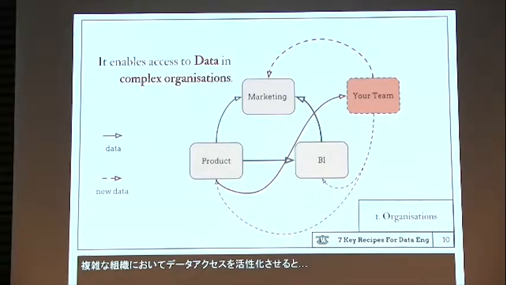You have the product team, the marketing team, which initially consumes the data, the business intelligence team as well, and your team consumes data from all the other teams and tries to produce relevant data for all of them, sometimes doing the work that the other teams should be doing.